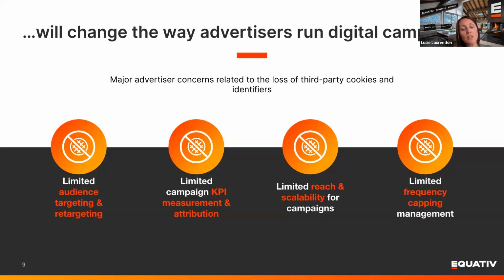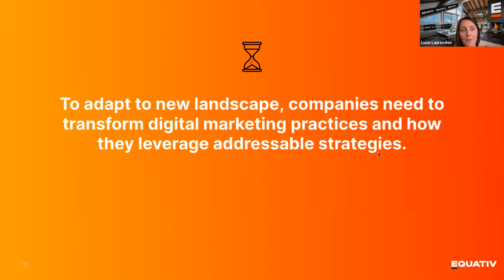There's also an effect on reach and scalability of campaigns and on our ability to do frequency capping. Because of those limitations, we need to adapt to the new landscape. Companies need to transform the way they run digital marketing campaigns and how they leverage addressable strategies.